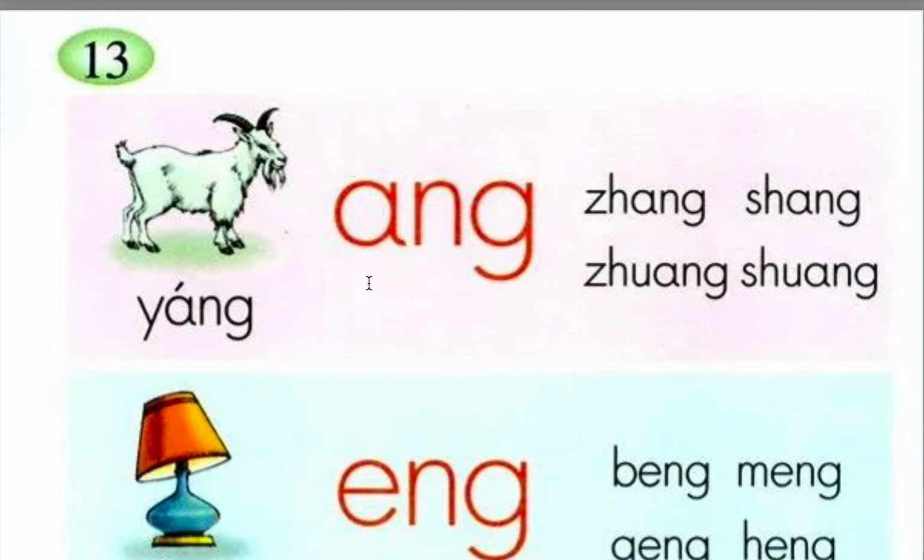So let's do it together. A and G is pronounced ang. Can you feel it at the back of your nose? Ang. So four tones will be ang. Again, ang.